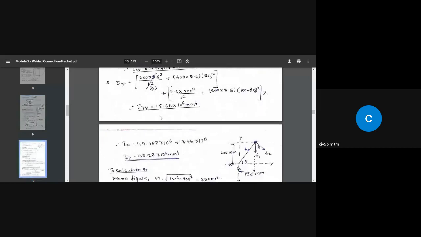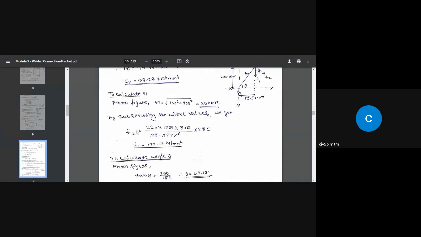So coming back to this formula, F2 equal to P e divided by Ip multiplied by R. Now I know all the values for this equation. So by substituting the values, I can get the value of F2 equal to 122.17 Newton per millimeter square.